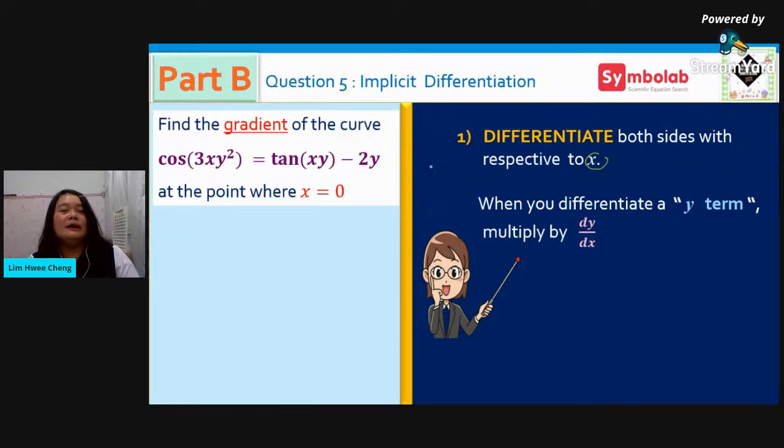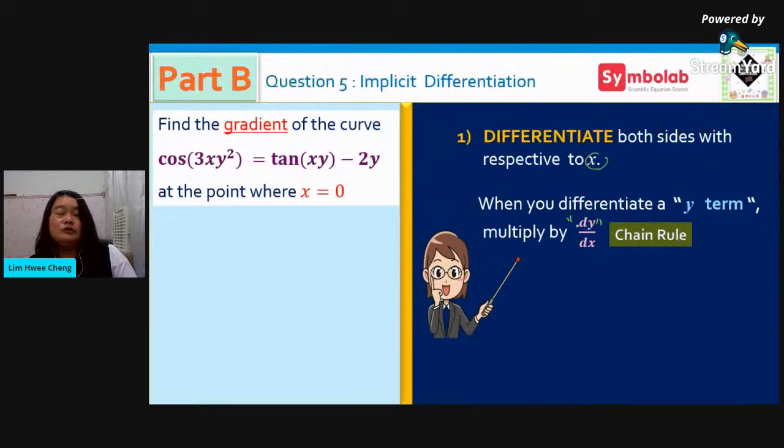Whenever you meet a y term, you must remember to multiply by dy dx. This one applies the chain rule. For x with x, no problem, you differentiate x with respect to x. If you differentiate y with respect to other parameters, make sure to add on dy dx or dy dt, whatever it is.